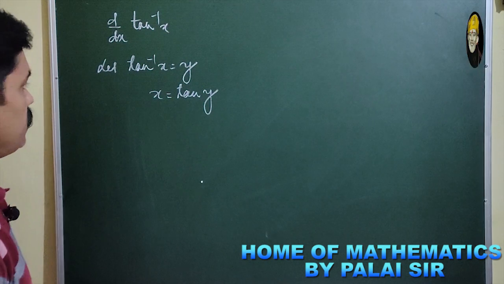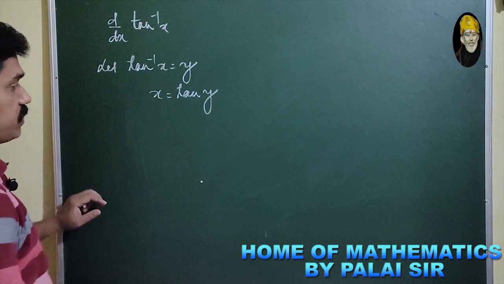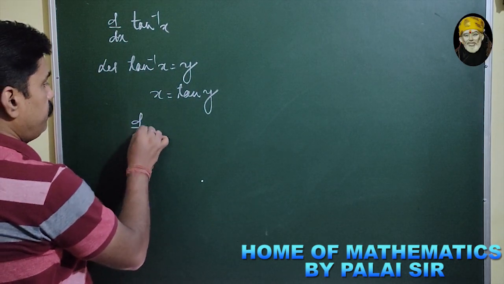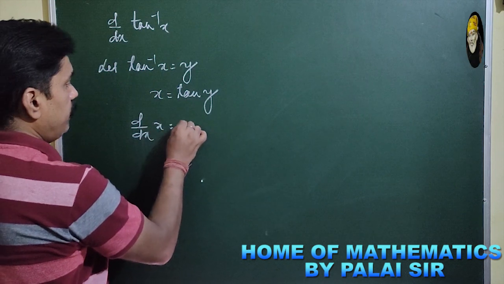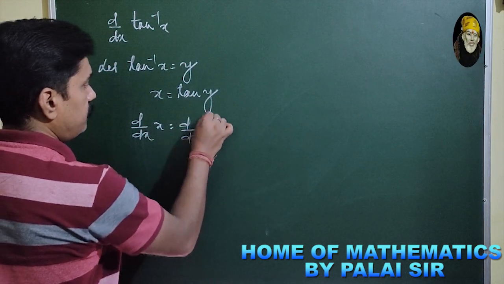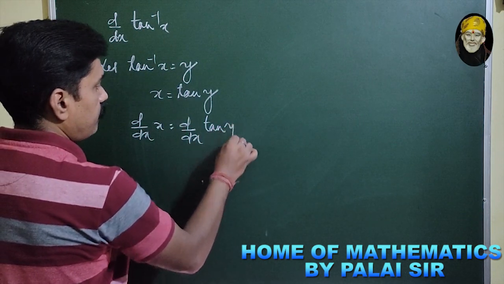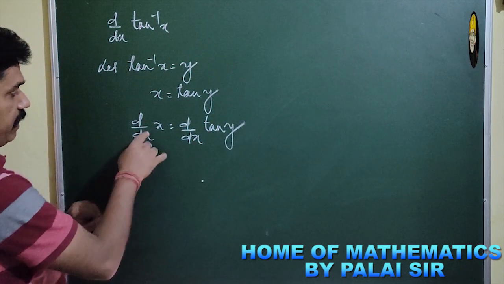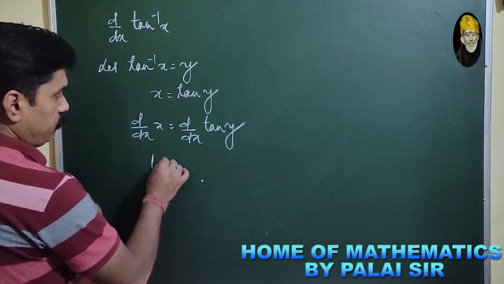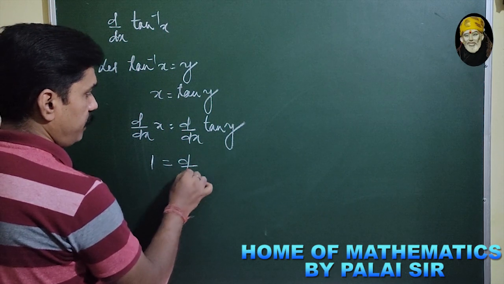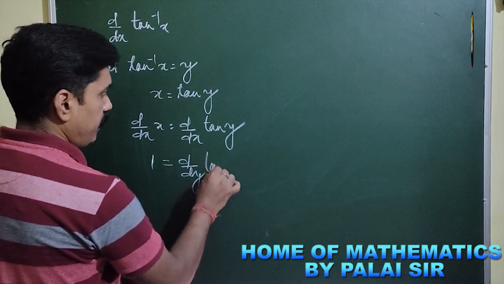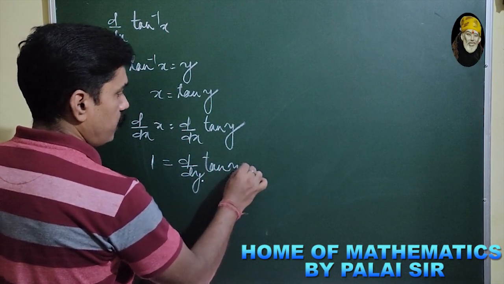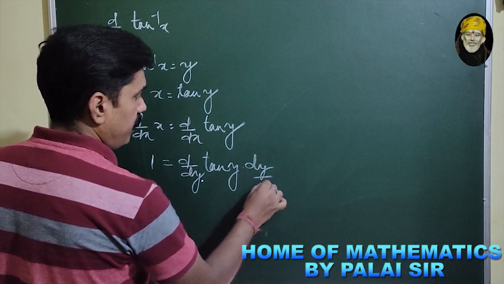You differentiate with respect to x on both sides. So dy/dx of x will be dy/dx of tan y. Derivative of x you are getting 1. So here you have to make it d/dy of tan y into dy by dx.